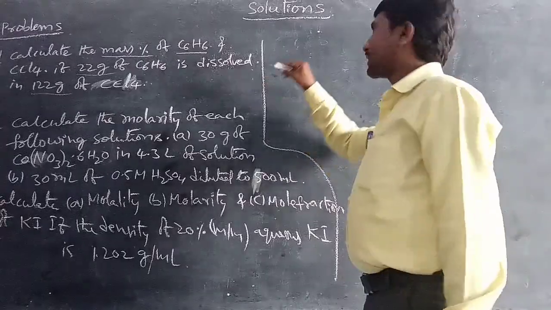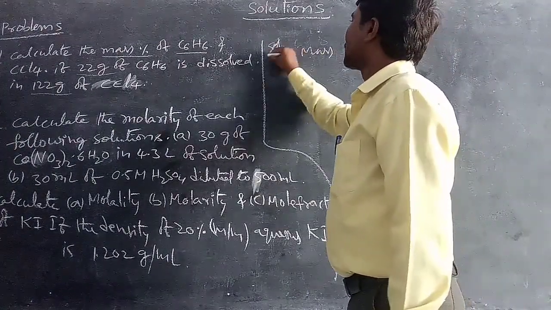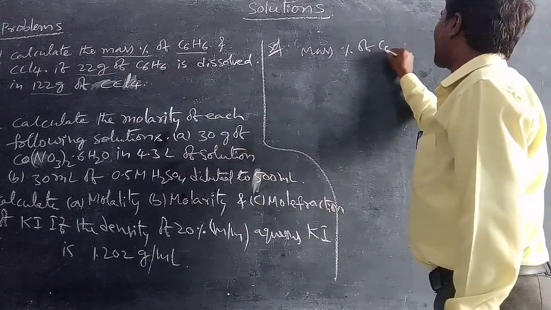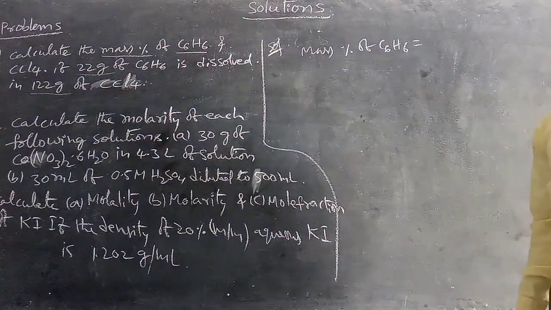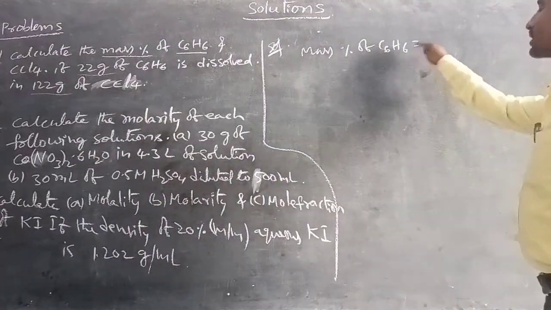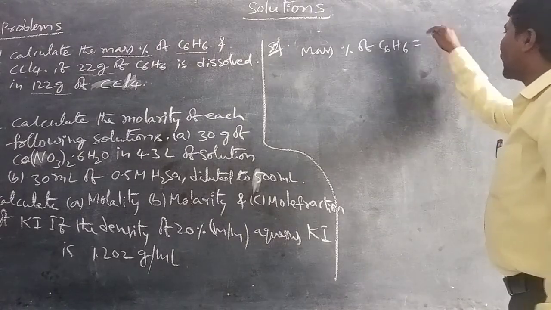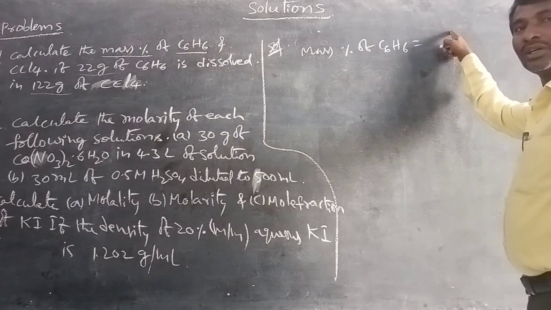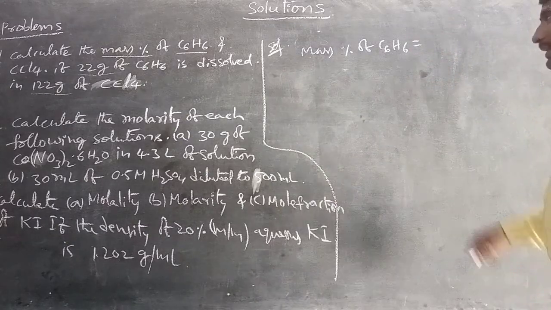So you know the formula: mass percentage of benzene C6H6 equals what? The mass of the benzene to the total mass of all components.